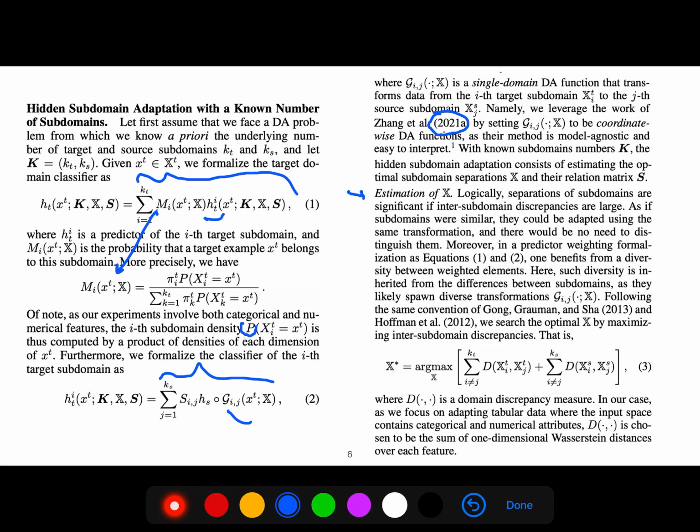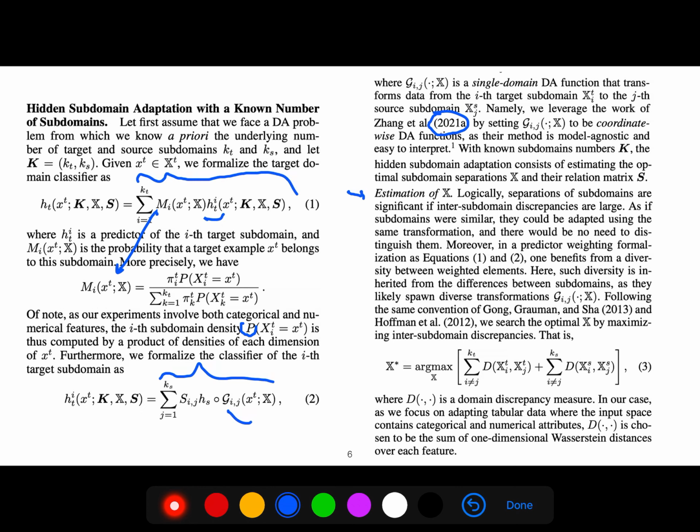If subdomains were similar, they could be adapted using the same transformation, and there would be no need to distinguish them. Moreover, in a predictor weighting formalization, one benefits from a diversity between weighted elements. Here, such diversity is inherited from the differences between subdomains, as they likely spawn diverse transformations.